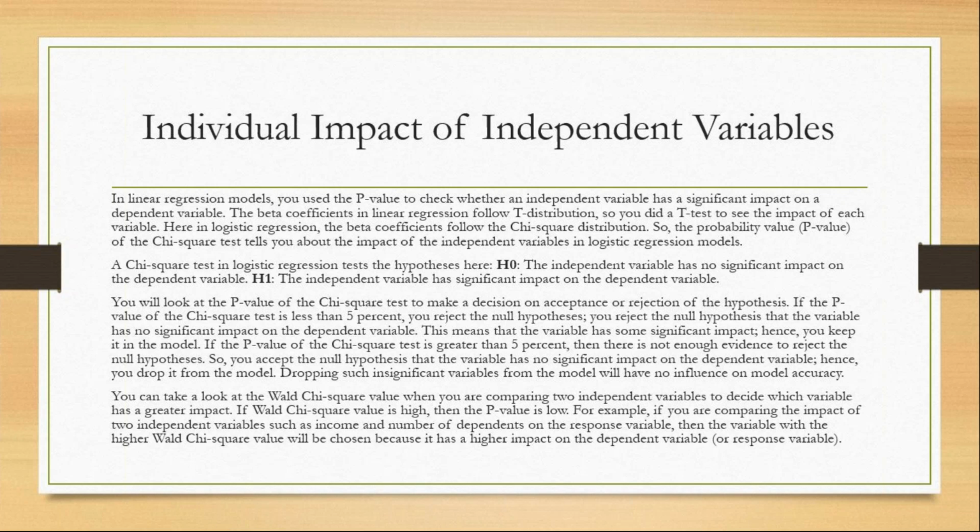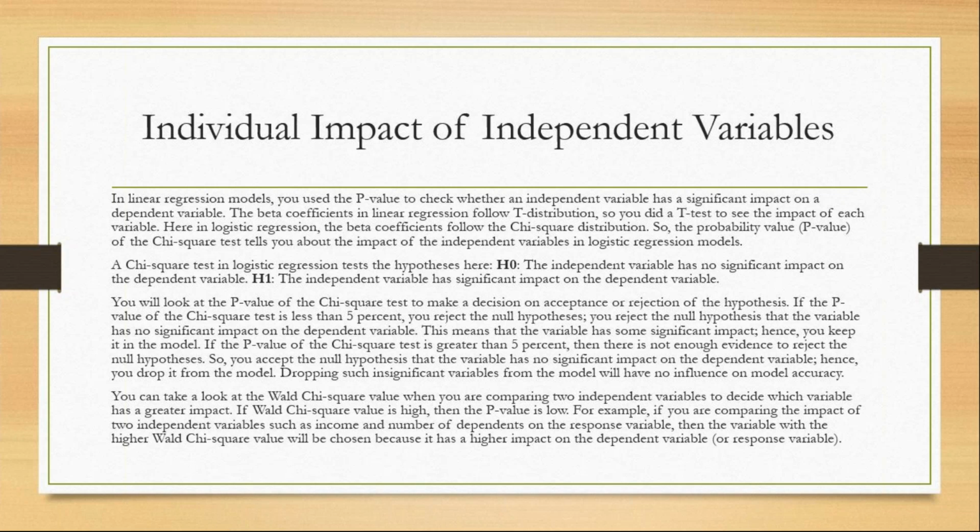Like the previous day, when there was a test for beta in linear regression, we have a similar test here, the chi-square test. The null hypothesis is that the independent variable has no significant impact, and the alternate hypothesis is that it has an impact.